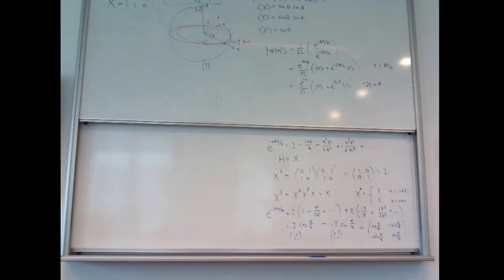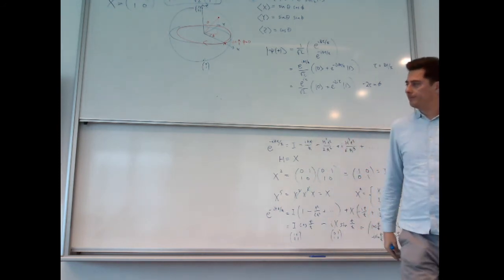And we've managed to do the matrix exponentiation. I sort of emphasize that this is a special case. We would not have been able to do that if there was no simple rule like this. If x didn't have this simple even-odd rule, we'd have to sum this whole series or do something complicated like that.